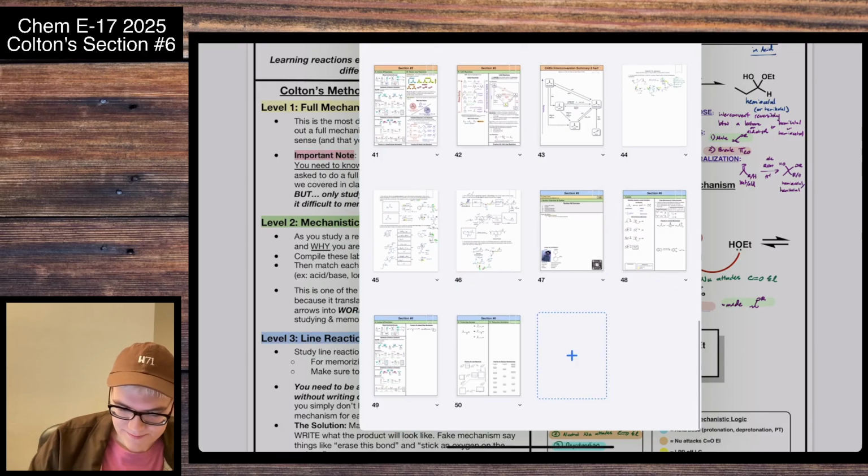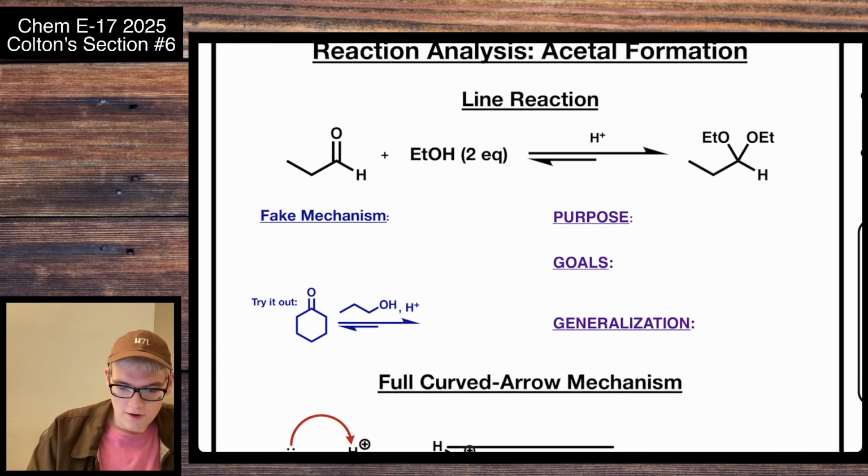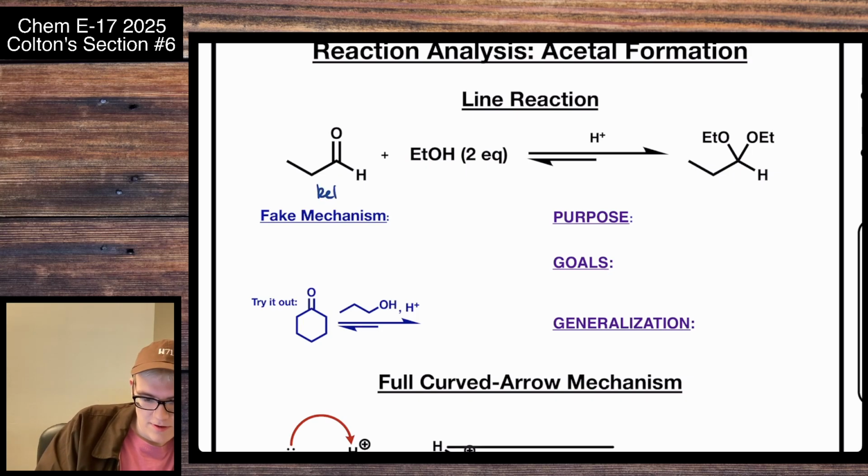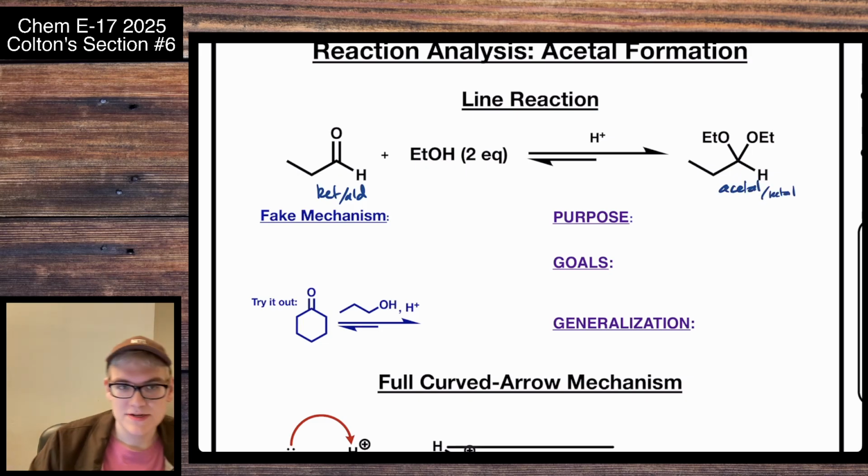So first off, overall, analyzing our reaction, the acetal formation reaction goes from a ketone or aldehyde and turns it into an acetal, or a ketal, which we don't really do a ton of distinguishing between. We can typically just call them all acetals. Ketone or aldehyde.